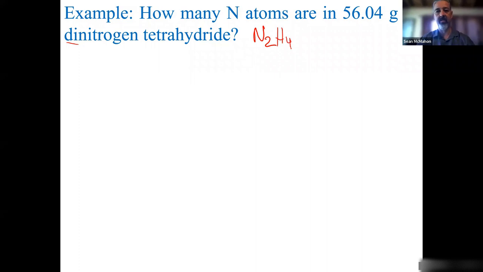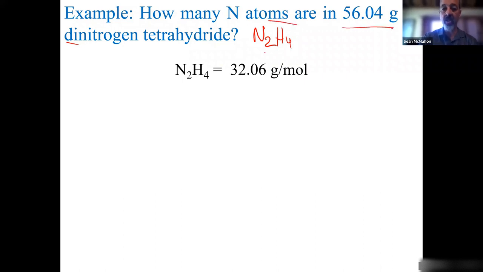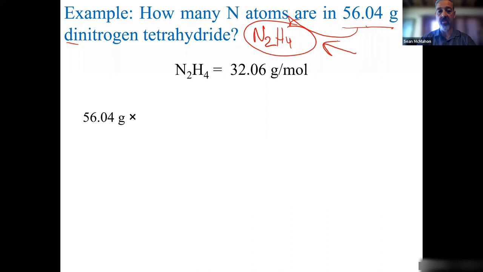So the molar mass for dinitrogen tetrahydride is 32.06 grams per mole. Why do I want to know that? I need to go from grams of this molecule to the number of atoms. So I can convert grams to moles, moles to the number of molecules, and then molecules to the number of atoms, or ratio.